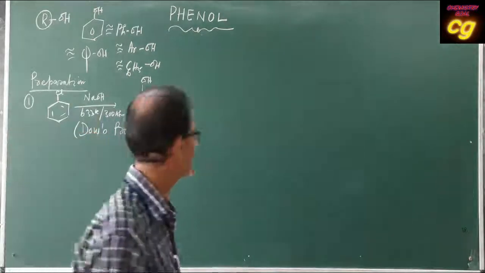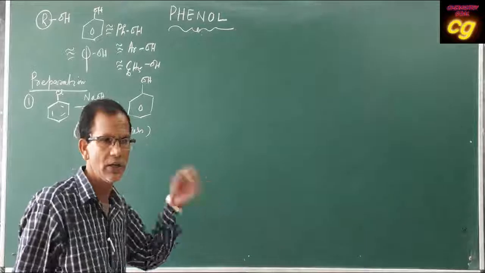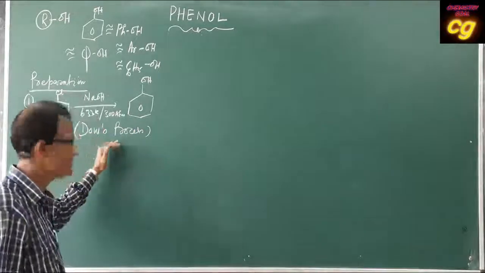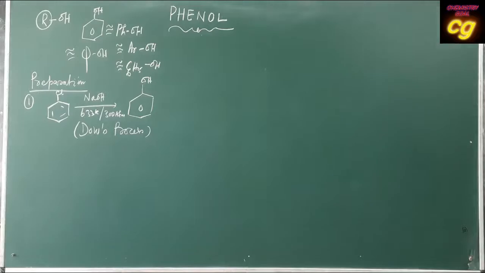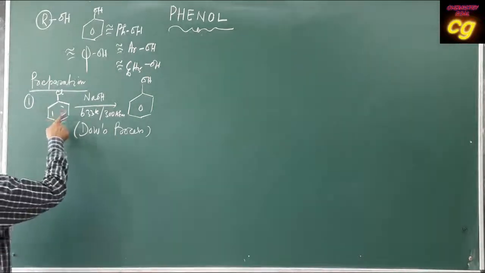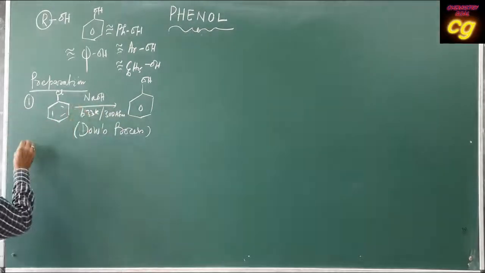Better you write all this nomenclature in different colors in your class notes so that you can read later. It will be easy. So from haloarene you can prepare phenol.